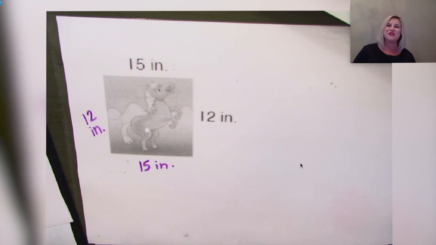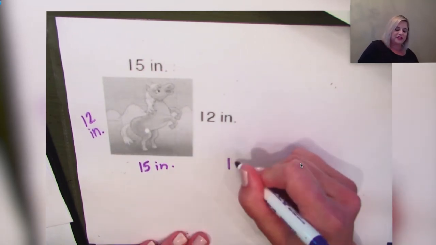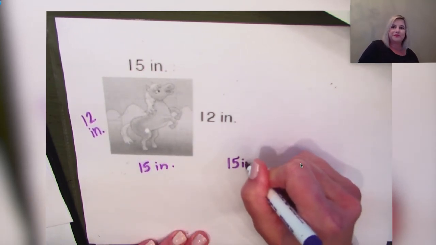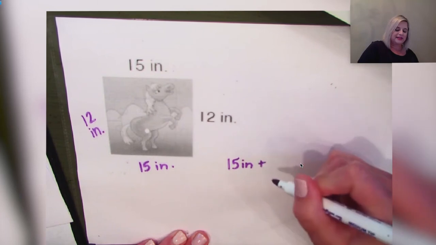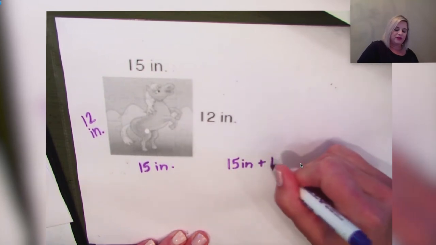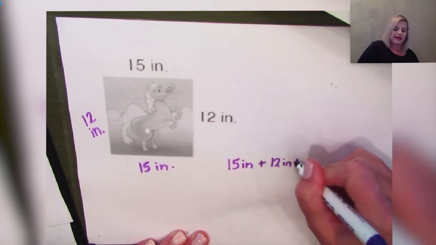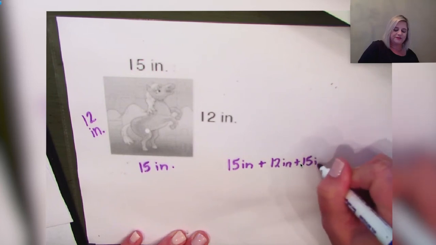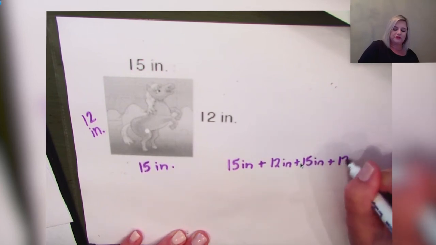Wow, your models look great. Now let's write and solve the equation that will find the distance around the outside. I will do the same and we'll compare. So I have 15 inches plus 12 plus another 15 and another 12.